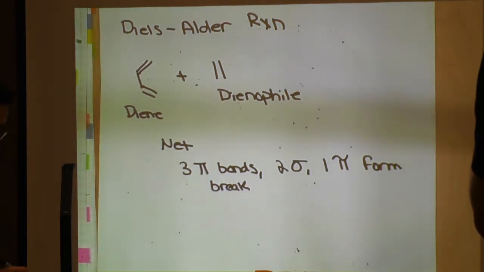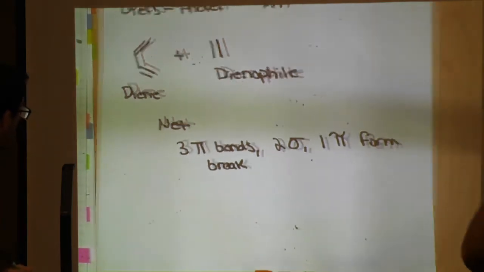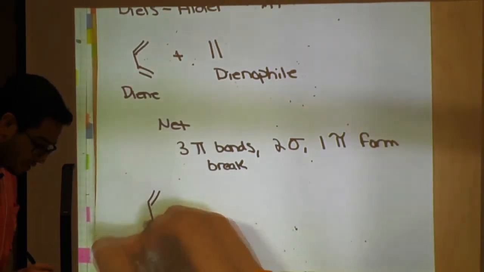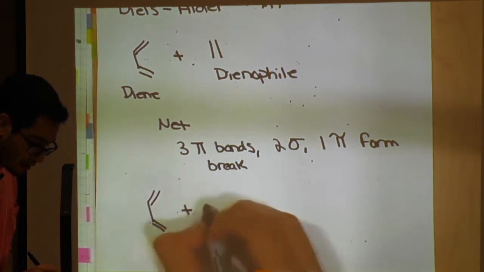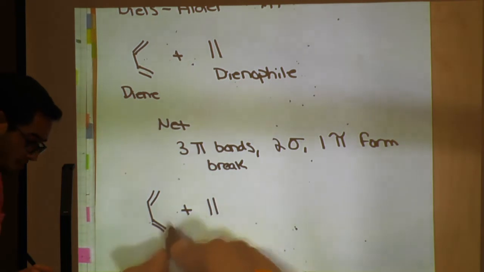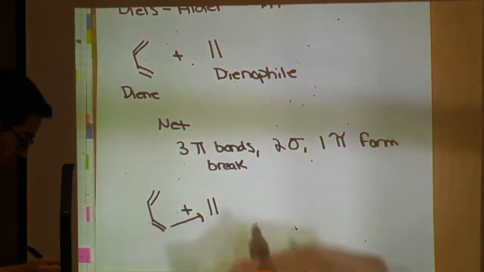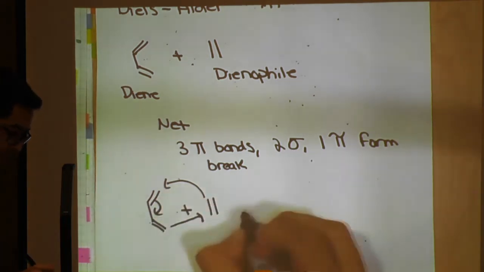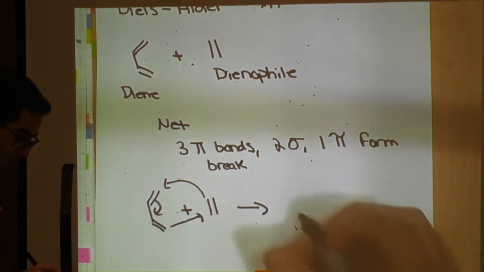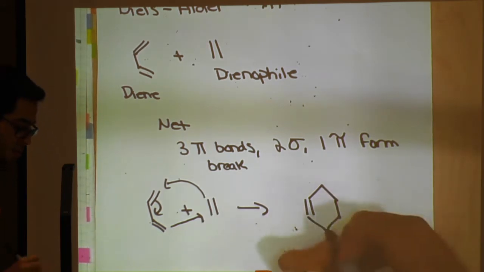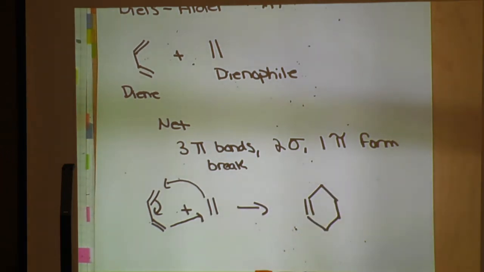Now let's look at how this actually happens. If we take our diene and react it with the dienophile, you have this cyclic motion happen, and that's just going to result in a single ring cyclic structure with 1 pi bond.